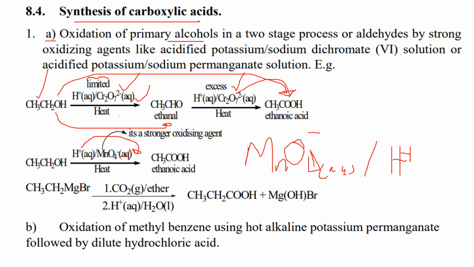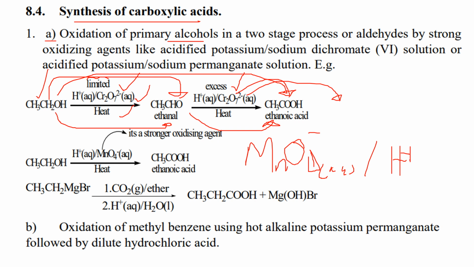So that's what we're having. The first step, using limited dichromate, gives us an aldehyde. So if it's ethanol, we get ethanal, and from ethanal we go to ethanoic acid. All that happens when you're using dichromate(VI) ion, which must be in an acidified medium. However, there are some strong oxidizing agents like manganate(VII). For manganate(VII), it is one step.